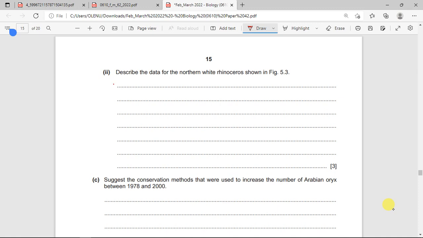So that's it. First you just write it appears in which year? 1980, based on the graph, and increases to its peak in 2003.